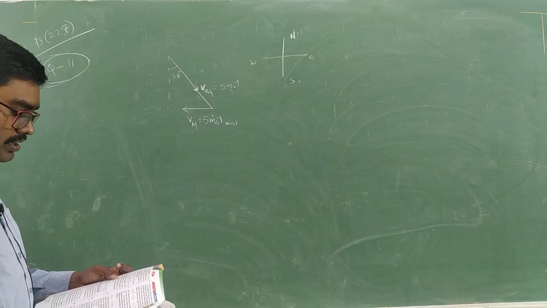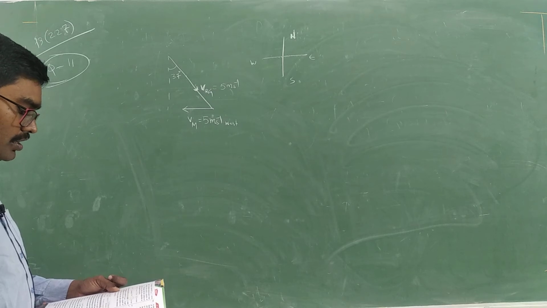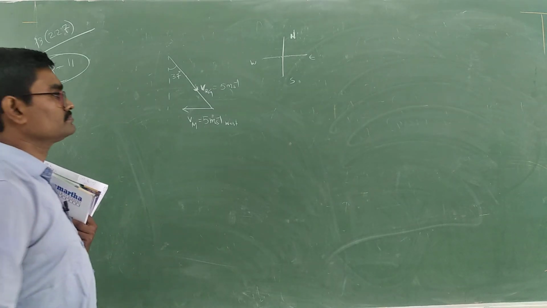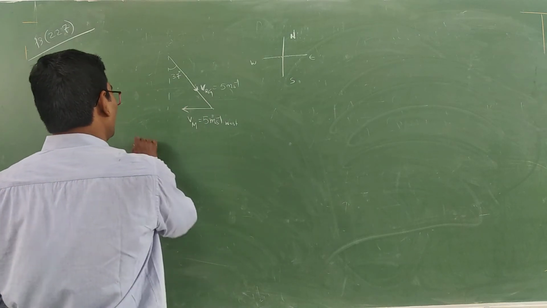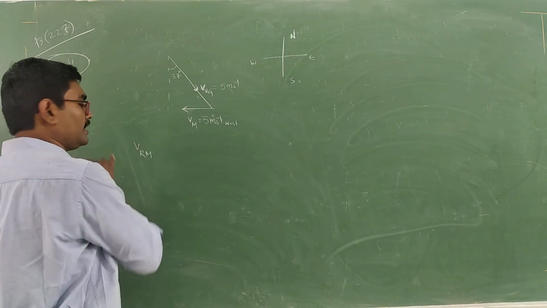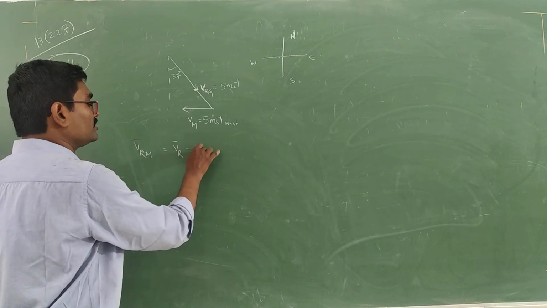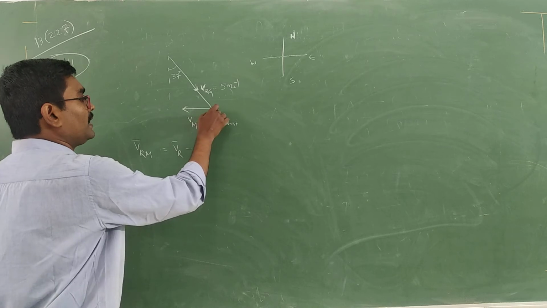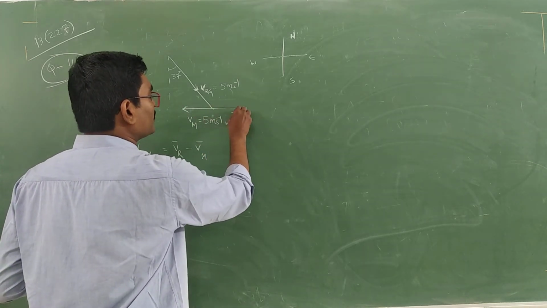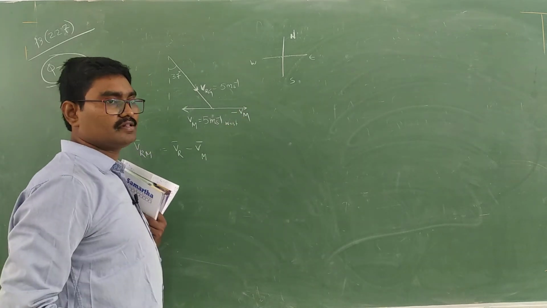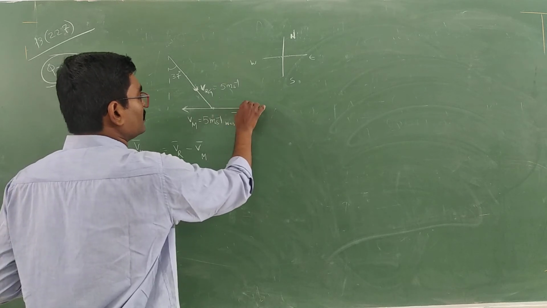The angle with the vertical at which he has to hold the umbrella to protect himself. As he is going in this direction, I need to calculate velocity of rain with respect to man. So what is that? Velocity of rain minus velocity of man. Velocity of man is along west, but minus Vm is along east only. Correct? So this is one direction and this is another one.